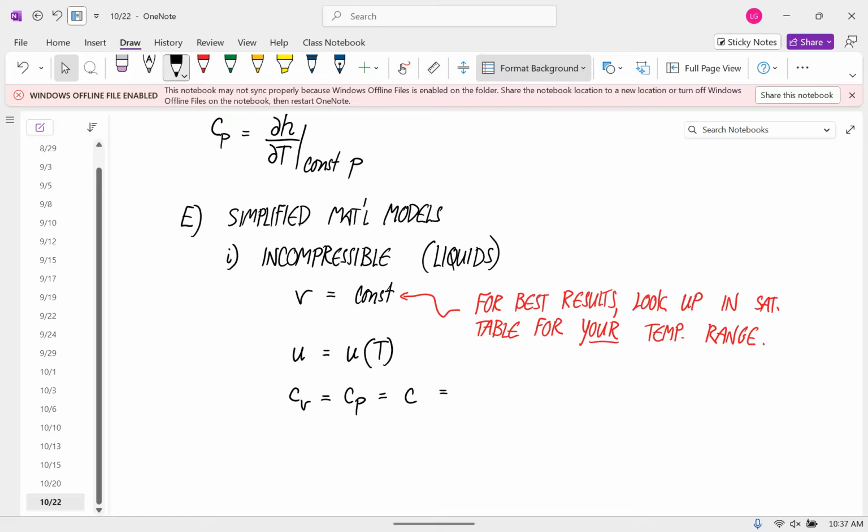And it's equal to du dT, the total derivative of specific internal energy with respect to temperature. And the usefulness of this is that we can come up with a relationship between a change in temperature and a change in specific internal energy. So if you separate this and integrate it, you get that the change in specific internal energy is equal to C times the change in temperature.